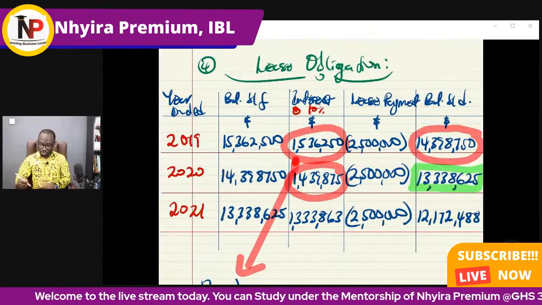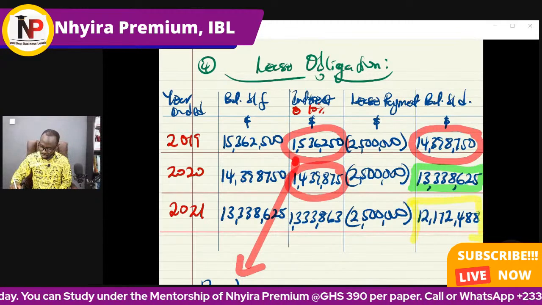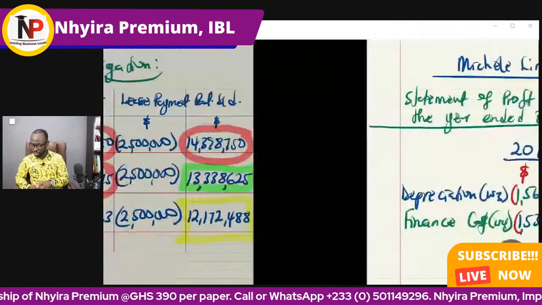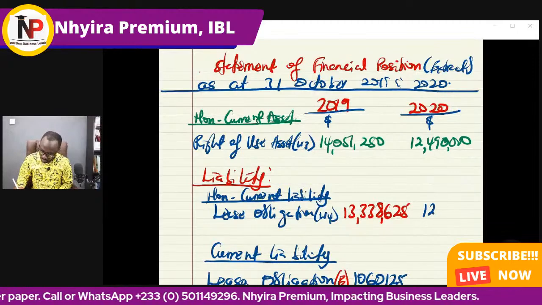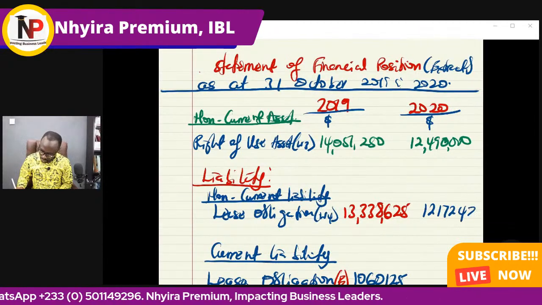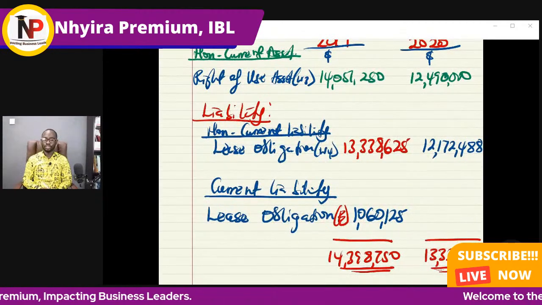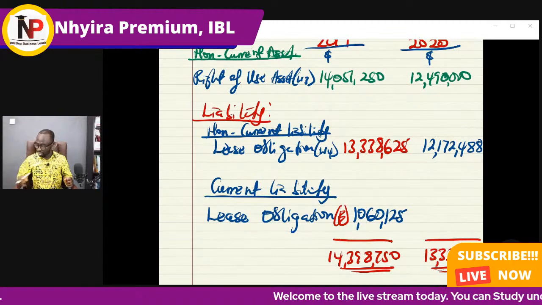The next period, 2021 figure, becomes the non-current liability. That is 12,172,488. 12,172,488 becomes the non-current liability. Then the balancing figure is the current liability.